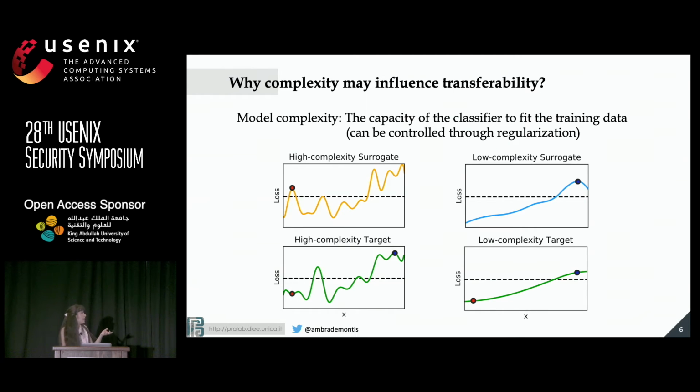Instead, the point computed against the low complexity classifier is more likely to evade both the low complexity classifier and the high complexity target.